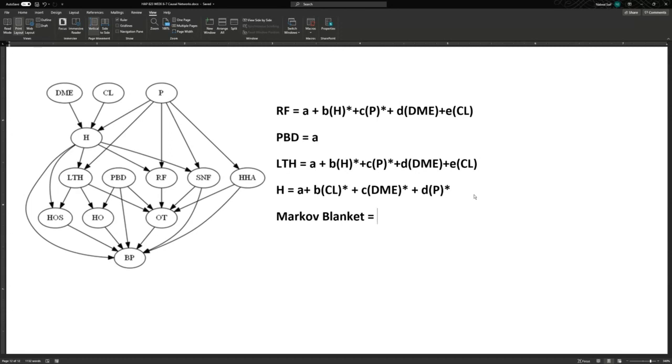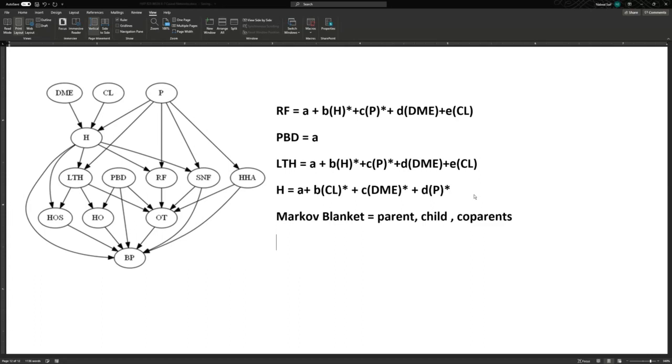I was gonna say, Dr. Alemi, you said the Markov blanket is the parent and the child. Does it also include the co-parent? Yes, all three are part of the Markov blanket: parent, child, and co-parents. If you control these things, then nothing else in the network affects the node.